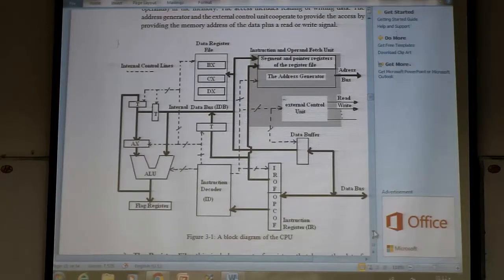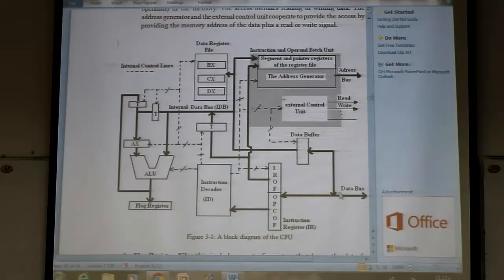The next step, the most important thing for us, is to understand the address generation. And here we have part of the address generator: segment and pointer registers of the register file. Keep in mind that the data bus internally and externally is 16 bits.